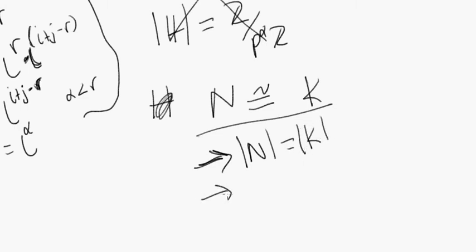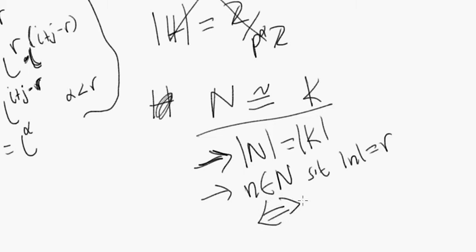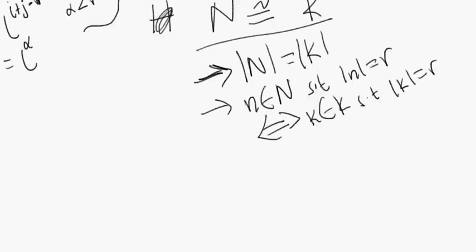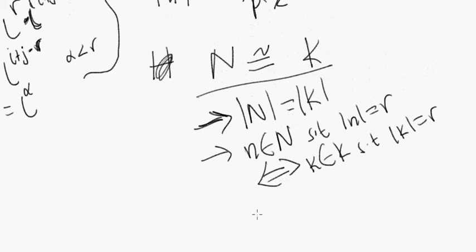What else would you want? If there is some element n in N such that the order of n equals r, an element in N of order r, do we also want it to be true, if and only if, that there is some element k in K such that the order of k equals r?